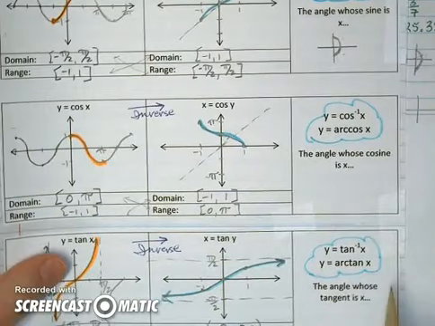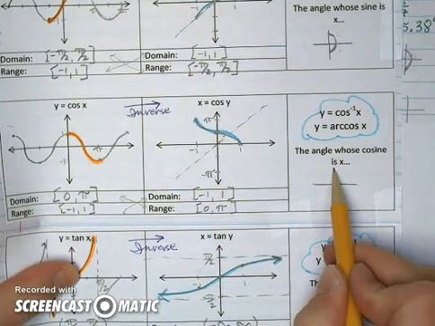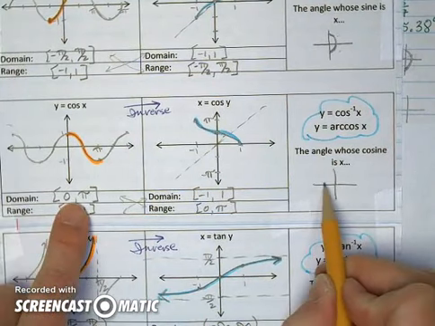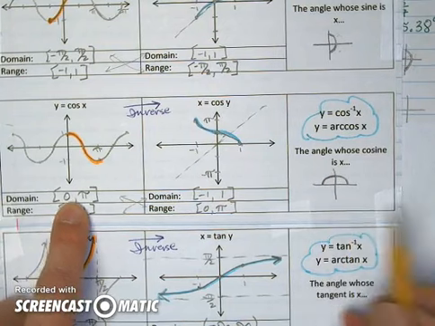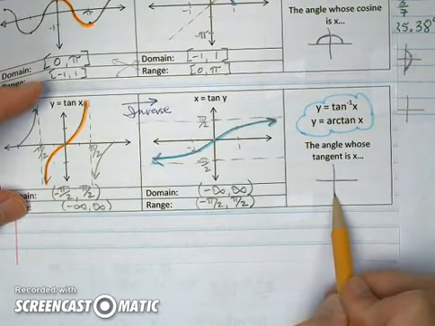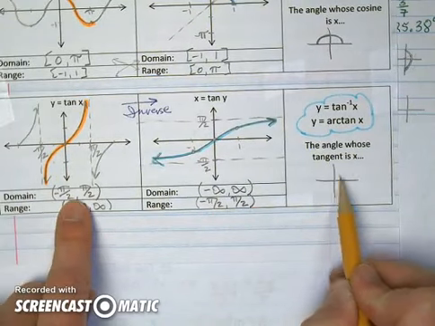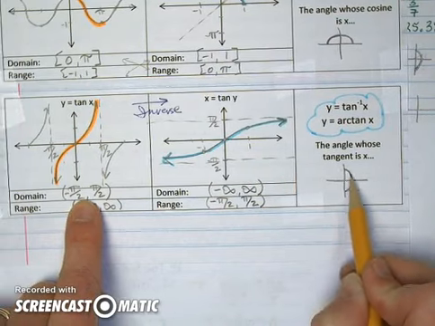Here, the cosine value is only valid from 0 to pi. So that's here in quadrants 1 and 2. Now tangent is similar to sine because it is valid on the pi over 2 to negative pi over 2.